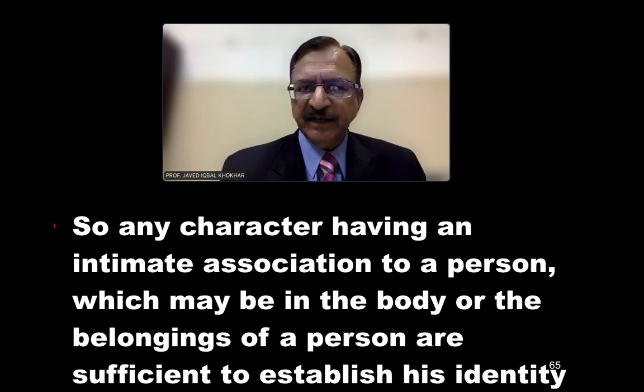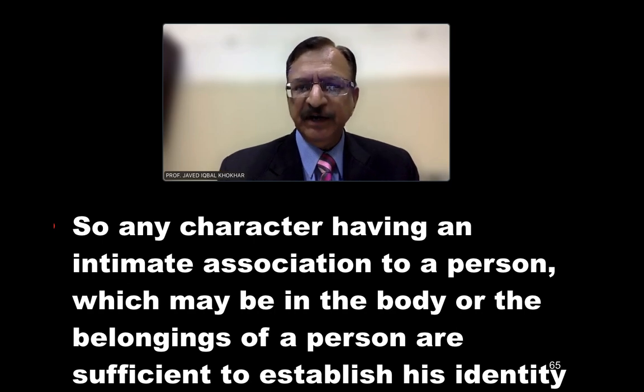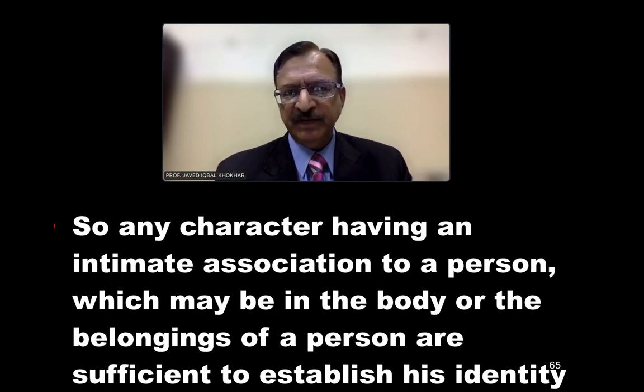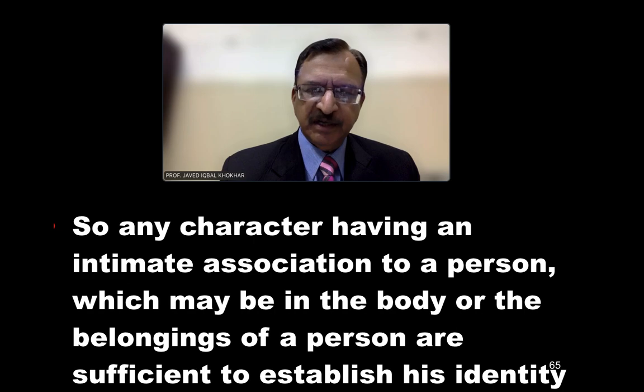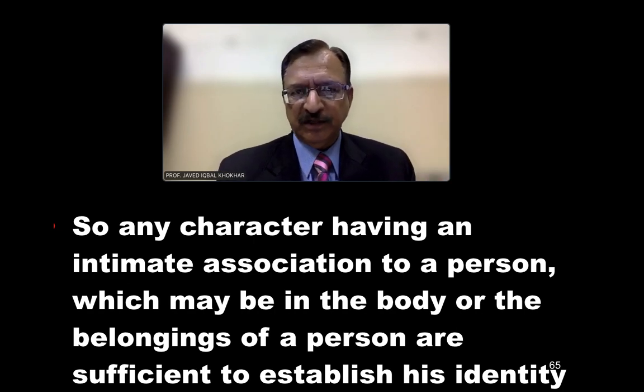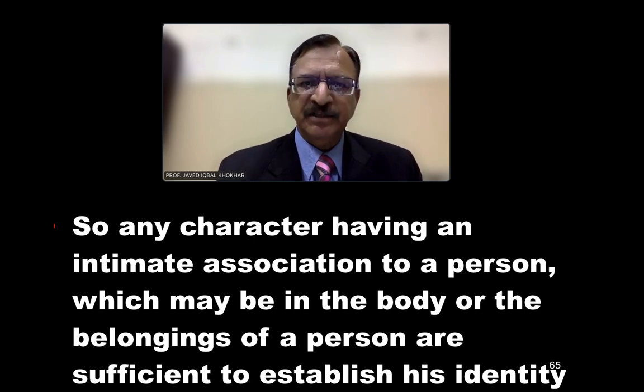So any character having an intimate association to a person, which may be in the body or in his belongings, is sufficient to establish the identity, which means every characteristic which is unique to that individual, whether it is the subjective examination or the objective examination, that any object belonging to that person helps in establishing the identity.